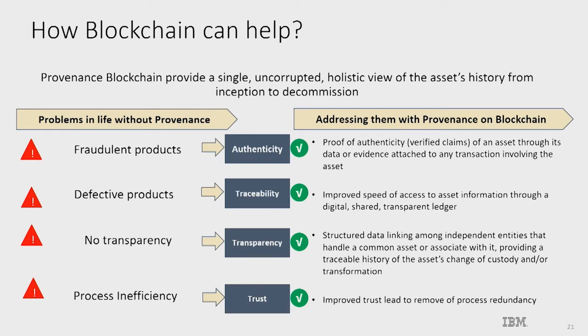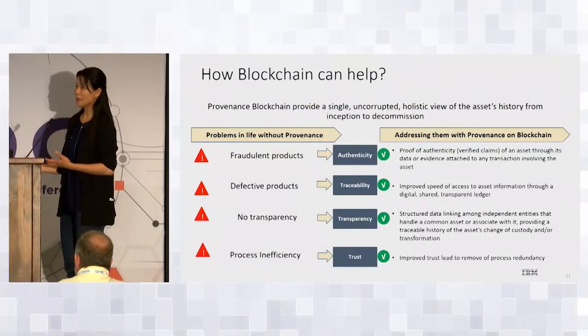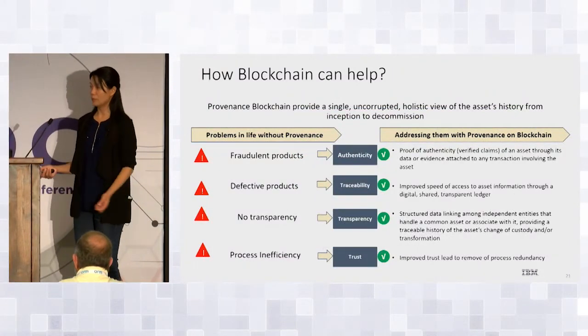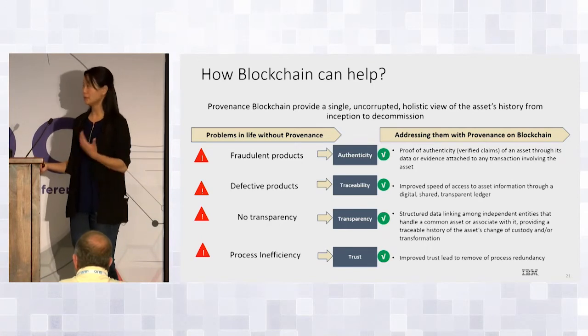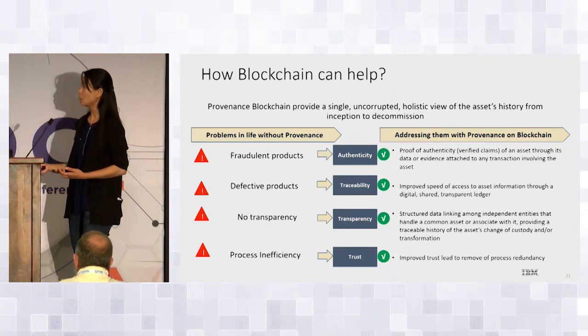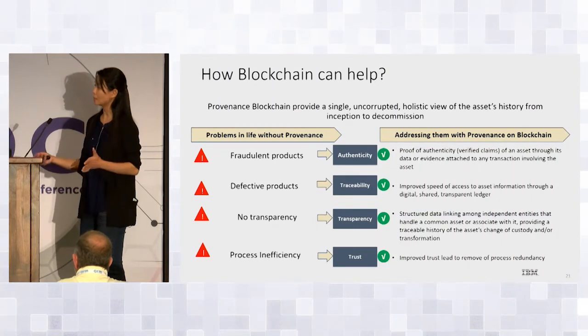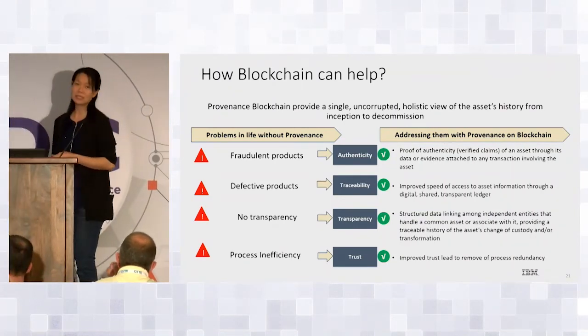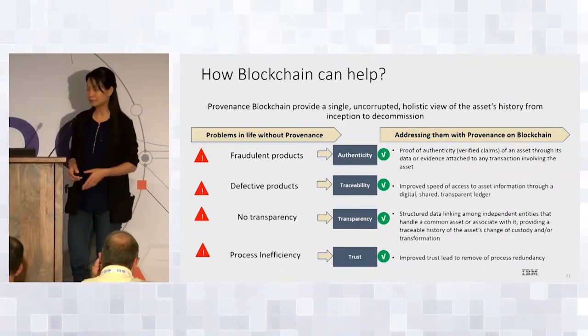If there's a defect, we can utilize the data written on the blockchain to do some analytics, and maybe recall the whole block of affected drives very quickly, like the mango recall. And then transparency: I don't know what my sub-tier supplier is doing, but with blockchain, if we incorporate them, that will be a good way to improve transparency for the whole supply chain. And not to mention that when you have trust, the inefficiency of the process will be eliminated.